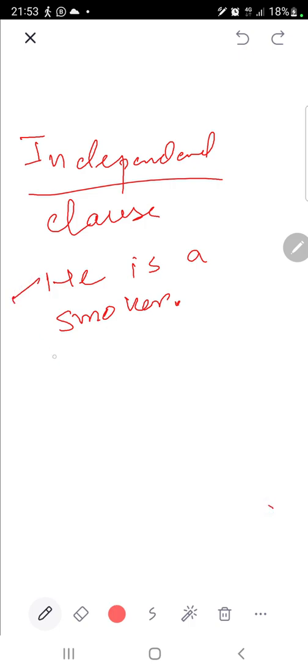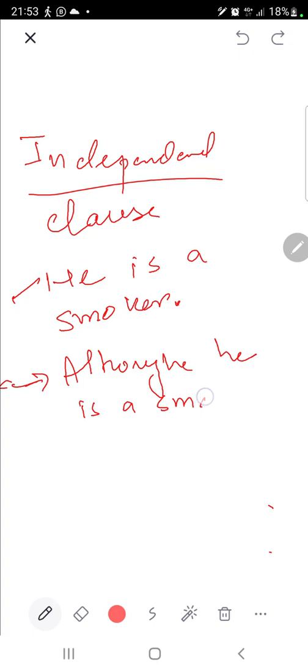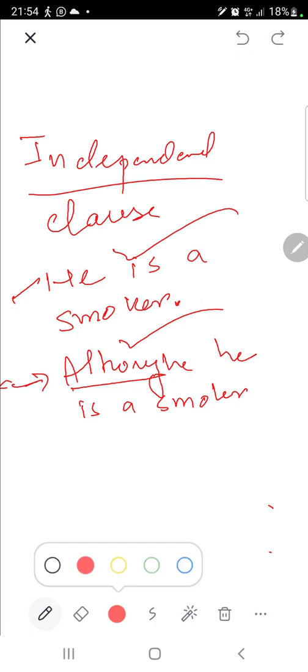But let's say I write, although he is a smoker. Now you can see, due to this although, it's not complete. Now this independent clause has become a dependent one. So we need to add something over here to complete the sentence.